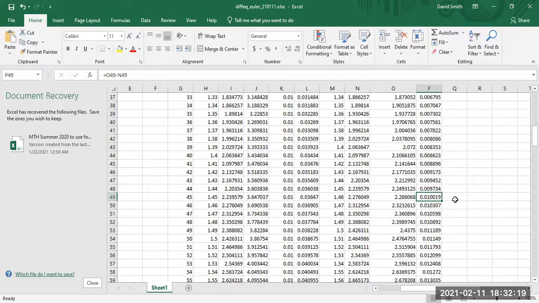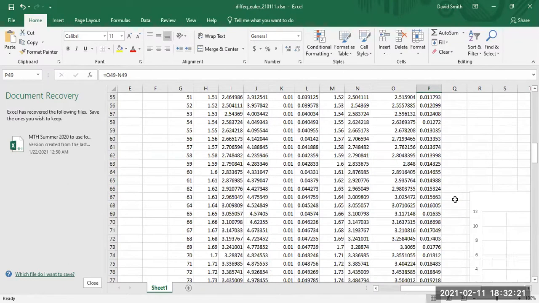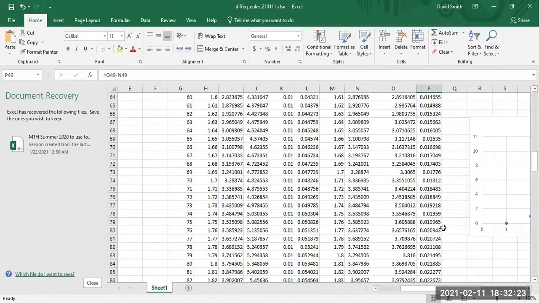The errors keep building, but they don't build very fast. By the time we're at x coordinate 1.76, and we're looking at x values between 1 and 2, the discrepancy is now up to 0.02.